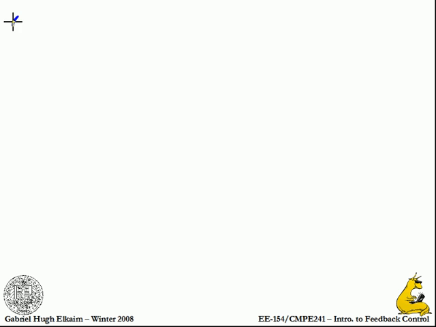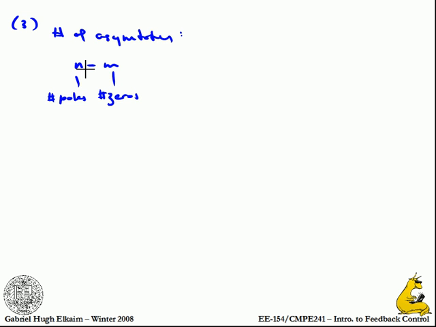And so here's rule number 3: the number of asymptotes is n minus m, where n is the number of poles, and m is the number of zeros. All right, so that's the number of asymptotes. The center of the asymptotes is the sum of the poles minus the sum of the zeros, divided by n minus m.